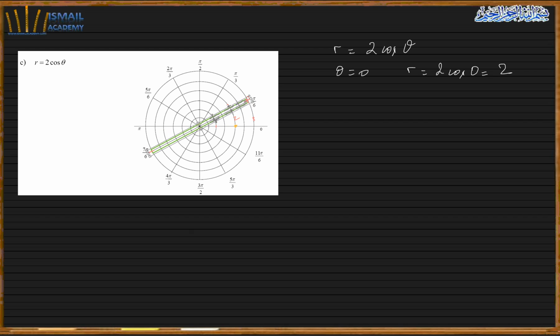Then what I do next, I'm going to rotate by pi over 6. I'm going to say, okay, what is cosine of pi over 6? If I have theta equal pi over 6, so r will be 2 cosine of pi over 6, which is 2 times square root of 3 over 2, which is square root of 3, which is about 1.7.